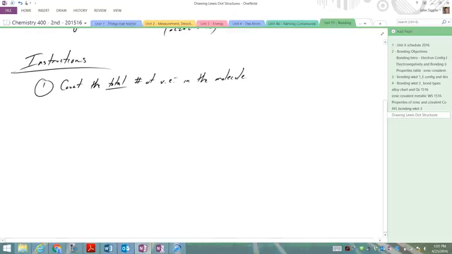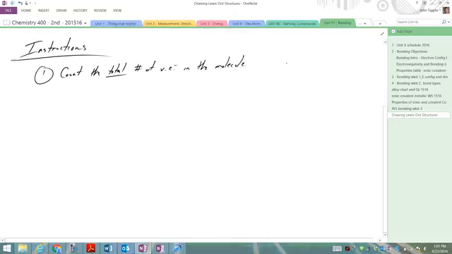Okay, so for example, our example that we're going to run with today, let's start with carbon fluoride, right? Carbon tetrafluoride.